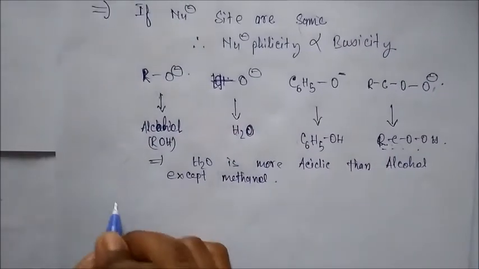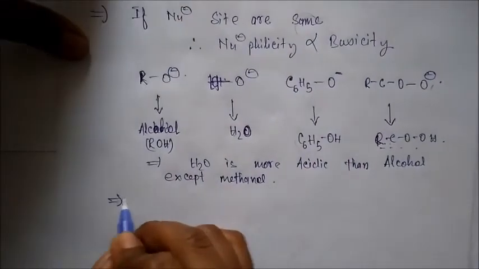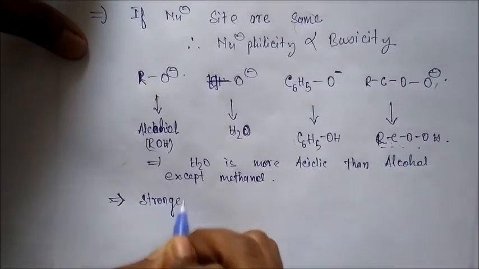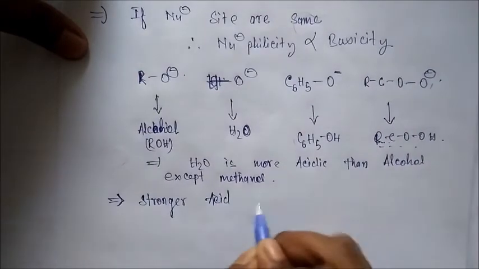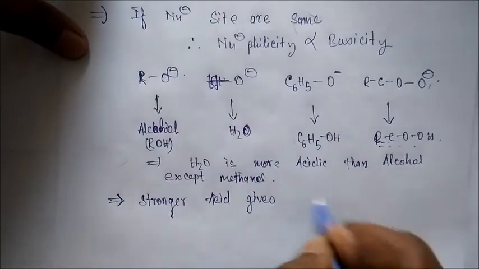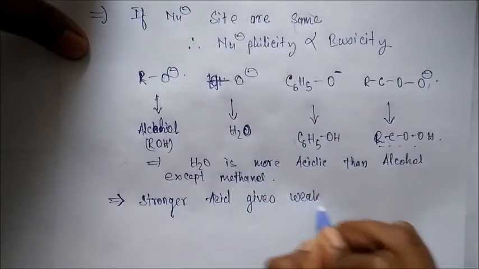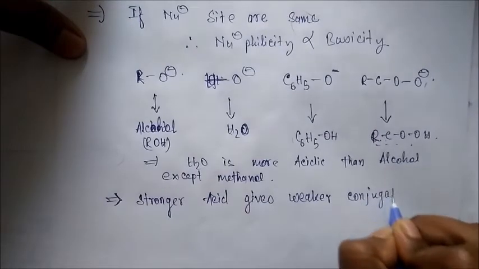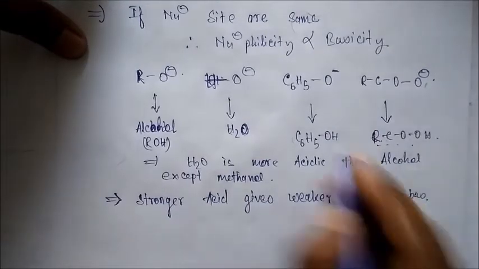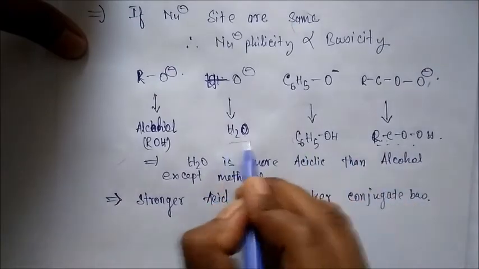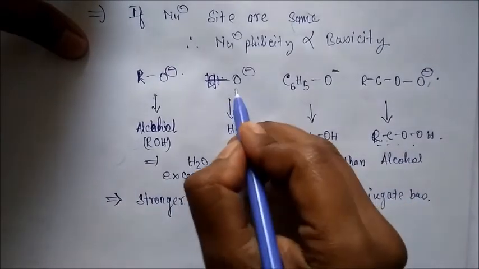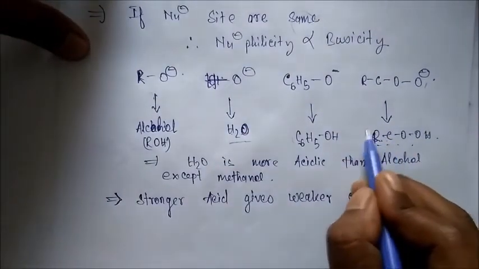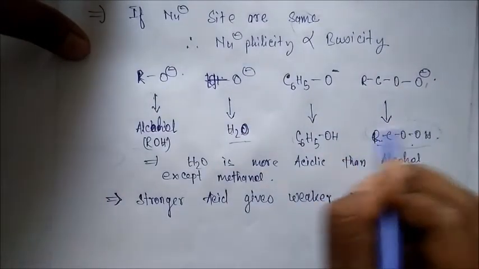Another point I will write here is that a stronger acid gives a weaker conjugate base. So these are all acids, and acids have conjugate bases. These are all conjugate bases. So we have the most acidic one, acetic acid.